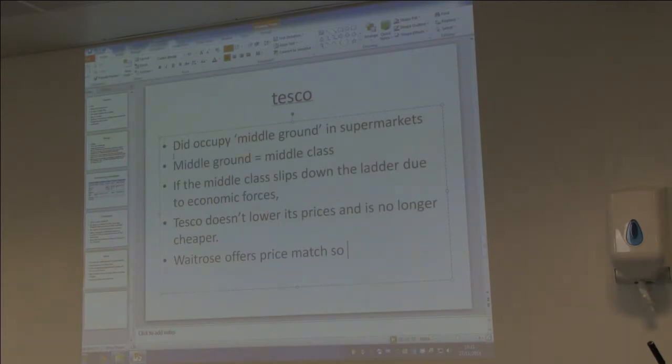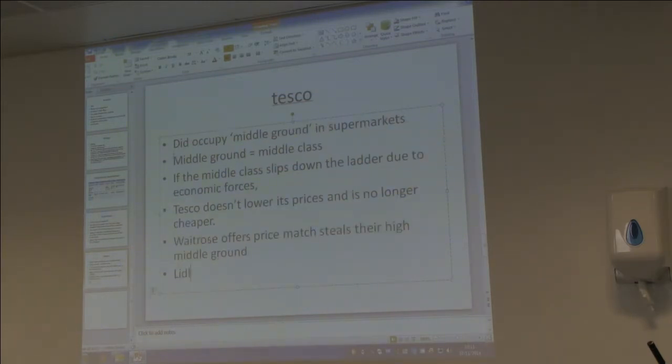But you could also say they lost market share due to Lidl and Aldi. Yep. Okay, so Waitrose steals their high middle ground, and then Lidl, etc., arrive.